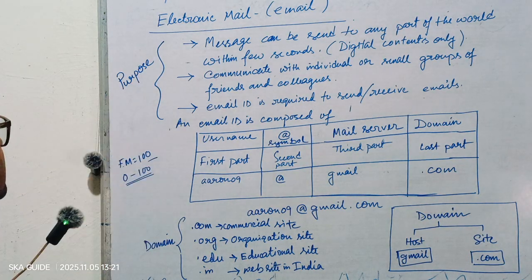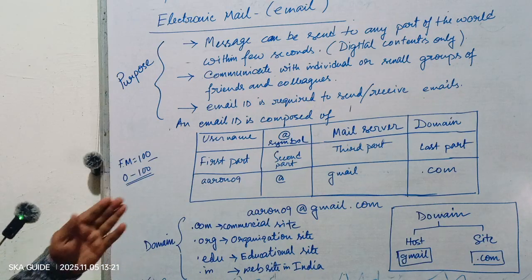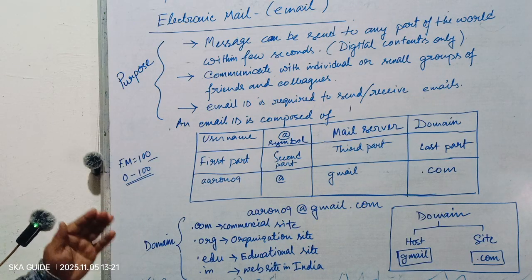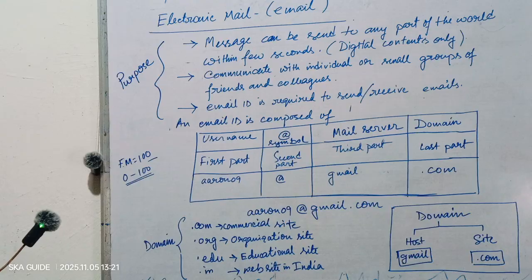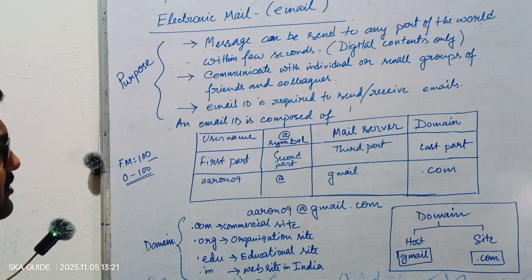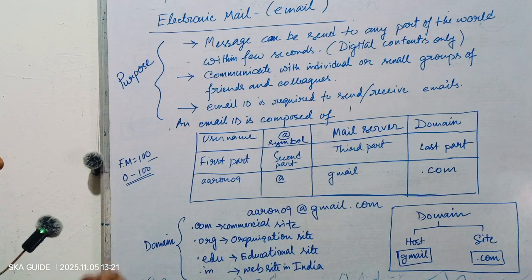The first one is that a message can be sent to any part of the world within a few seconds. Obviously, we are talking about digital contents only. That means text, word file, PDF file, music file, video files, and all.